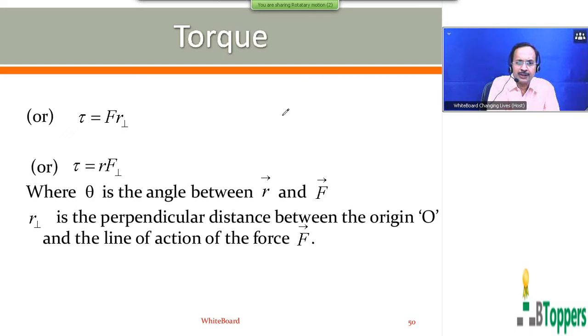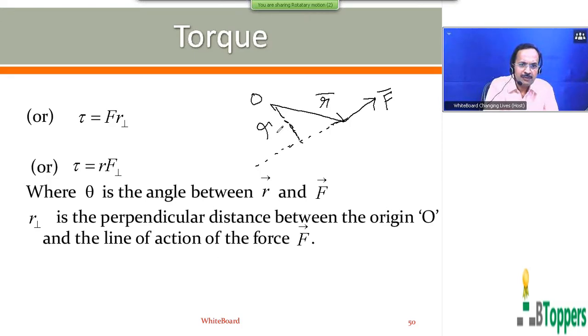As explained here, I already explained this to you in the earlier class. r perpendicular represents the perpendicular distance between the origin O and the line of action of the force F bar.